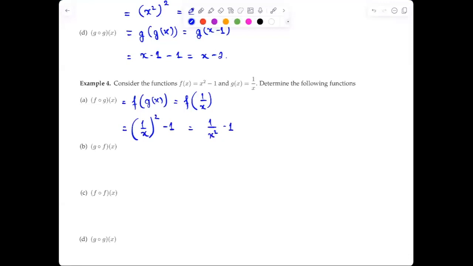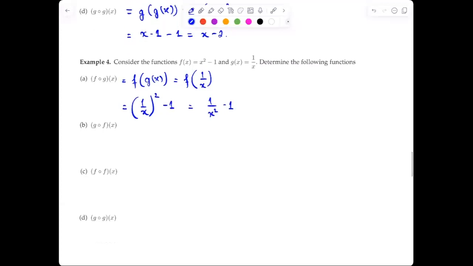All right, so most of you did well on B, a little bit of problem with C, problem with D, okay? So let's work together on this. For B, g circle with f of x, this gives you g of f of x. Given that f of x is equal to x squared minus 1, you have g of x squared minus 1. All right, so you get 1 over x squared minus 1. So part B, you should get something like this.